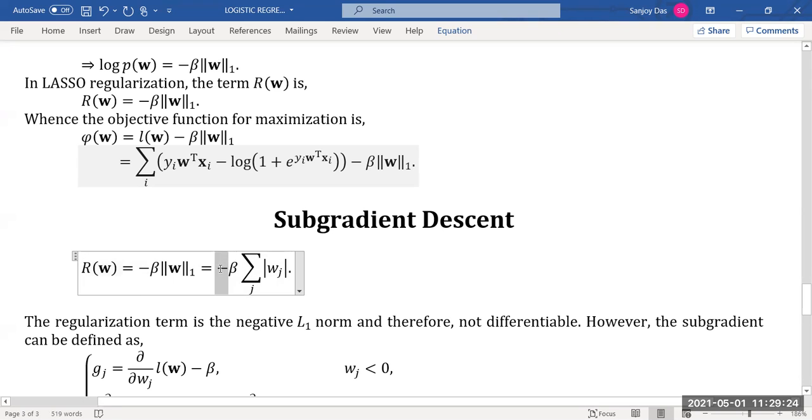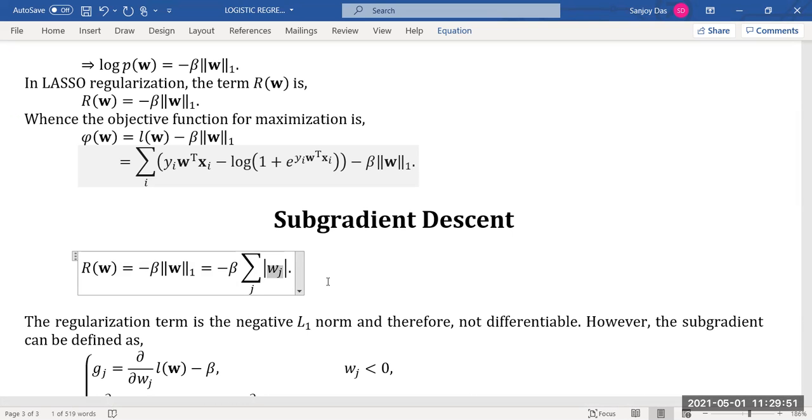Correct? And when Wj is exactly zero, then what is the subgradient? The subdifferential is anything between +1 and -1.